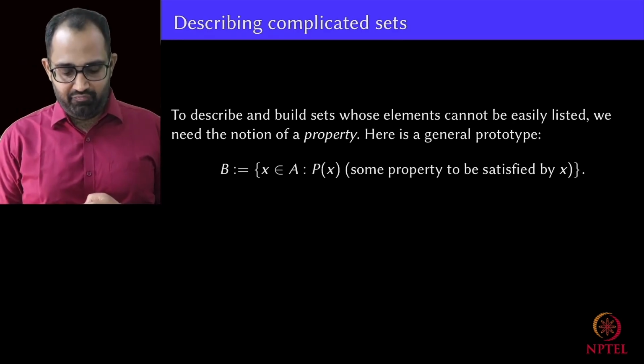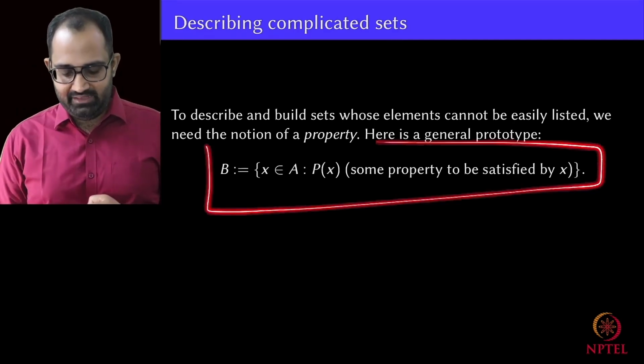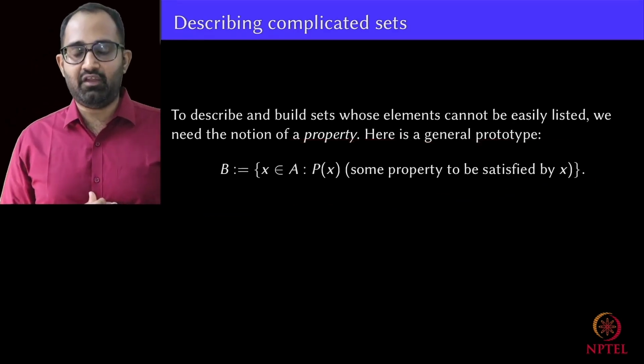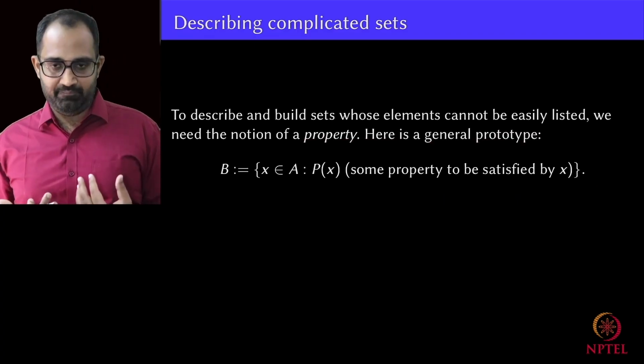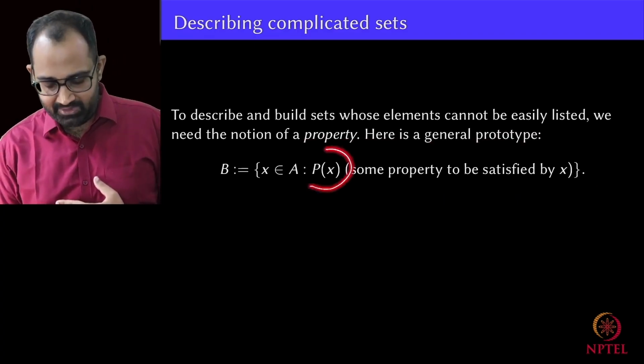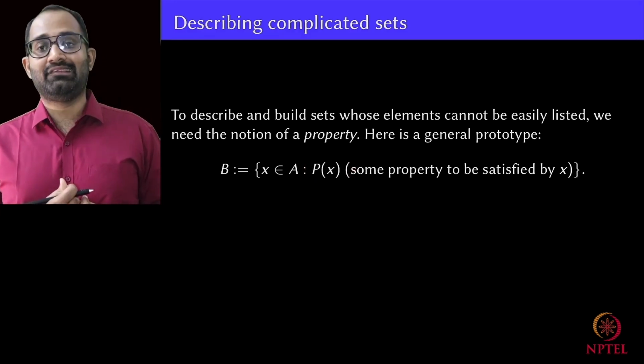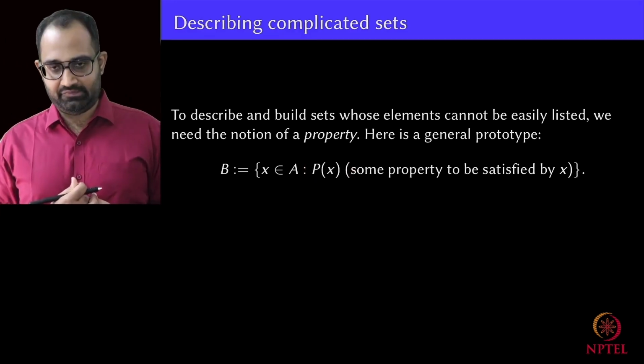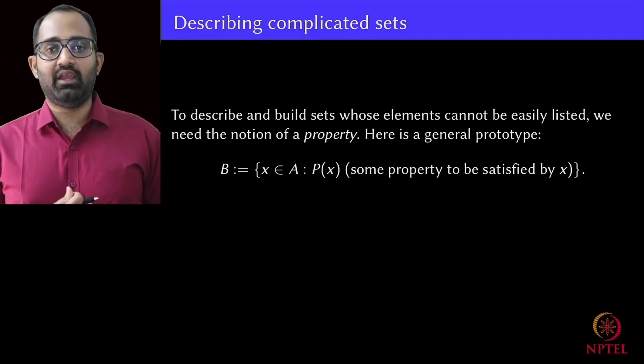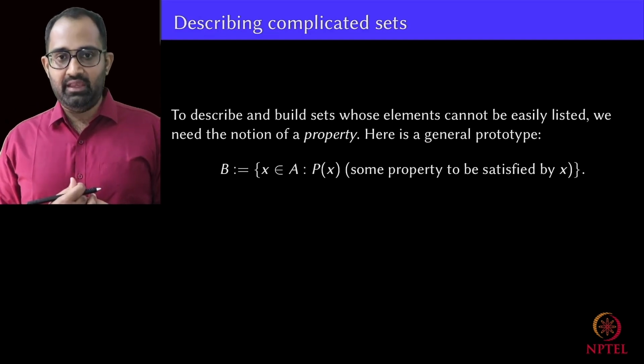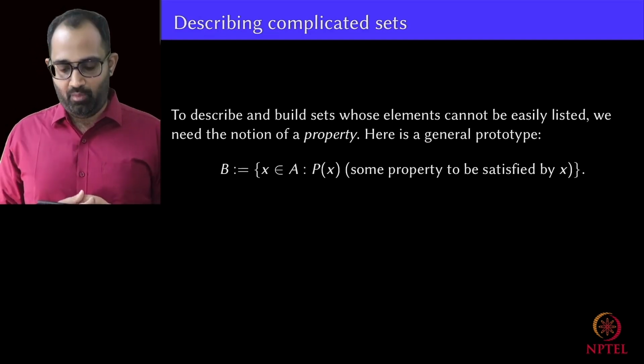So this is the general form. You define the set B to be the set of all elements x in A such that some property P of x is satisfied by x. That is, you collect together those elements of A which happen to satisfy this property.